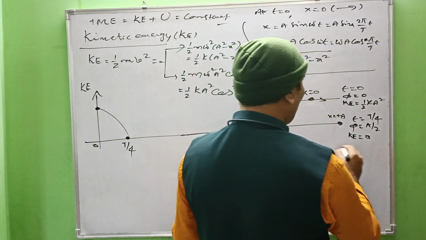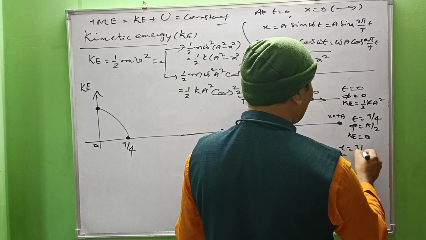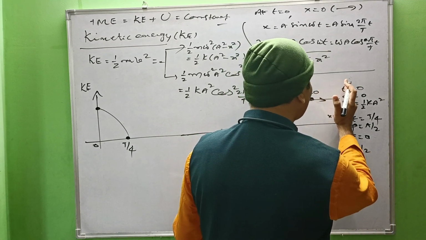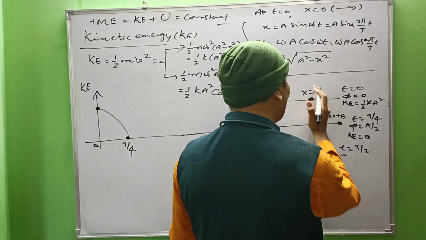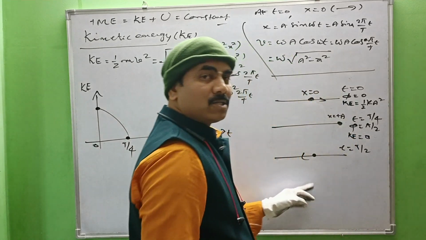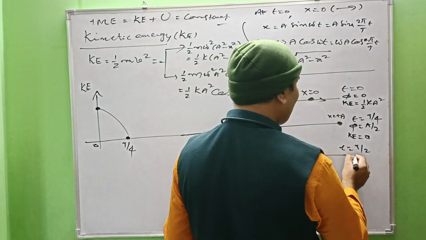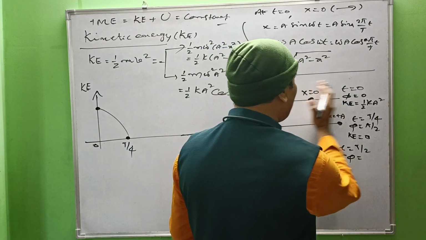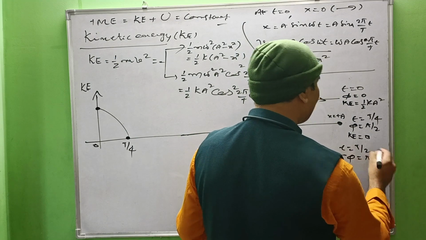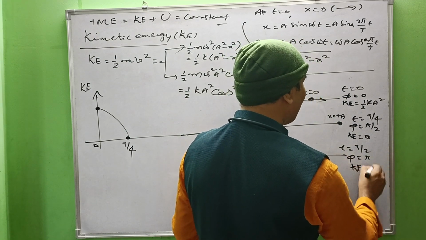So at t equal to T by 2, 1/4 plus 1/4, half of the oscillation is said to be completed. At t equal to T by 2, what is the phase acquired here? Phase equal to pi by 2 plus pi by 2, that is pi.